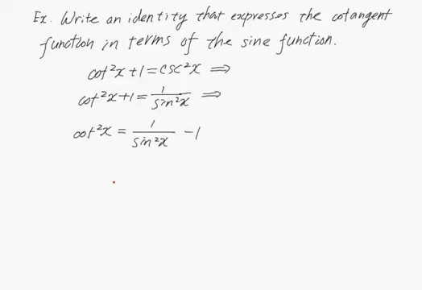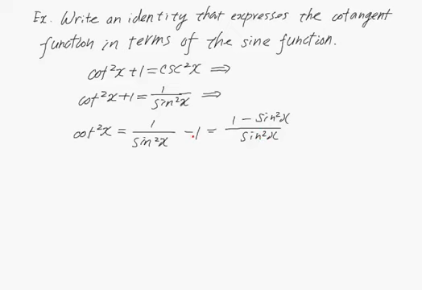And then you simplify this right side. This is equal to 1 minus the sine square over the sine square. We just reduce these two terms to the common denominator and then subtract, right? So you have the sine square x over the sine square x equal to 1.